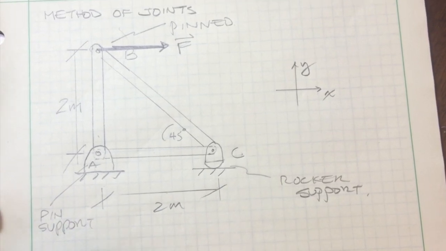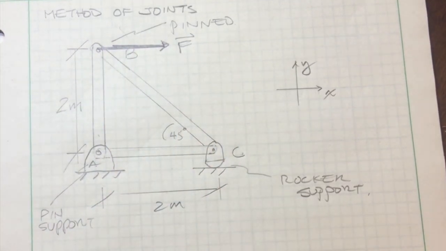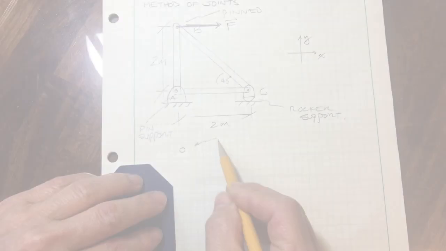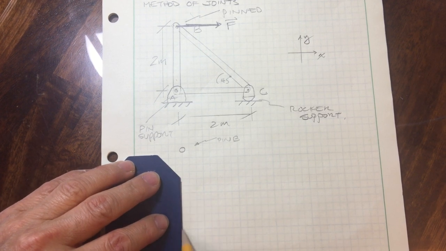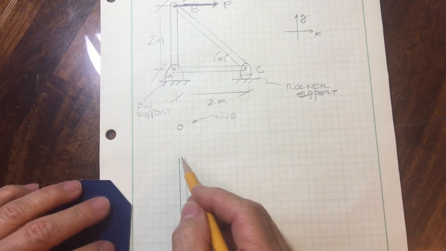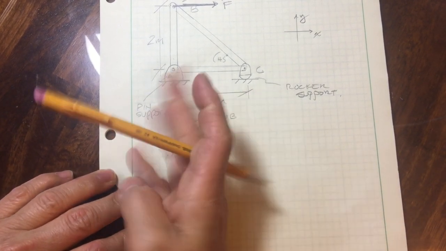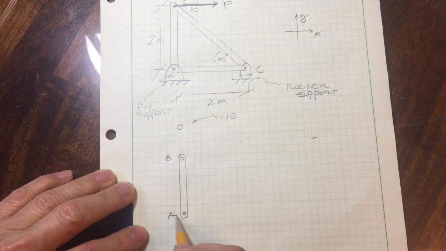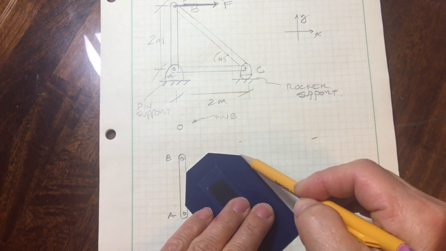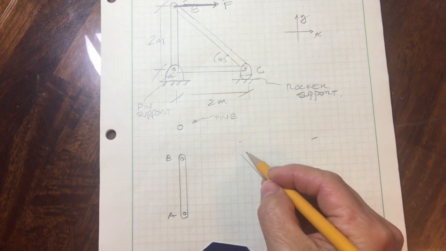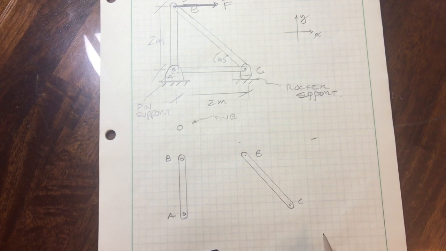And what that requires us to do is to pull these pins out and draw the free body diagram for all the parts. Pin at B, I will have my member AB, we'll call this point B, and this is point A. And I'll also draw this member BC like this, and we'll call this BC.